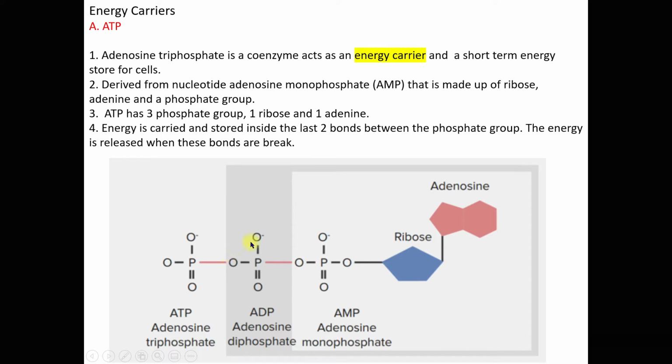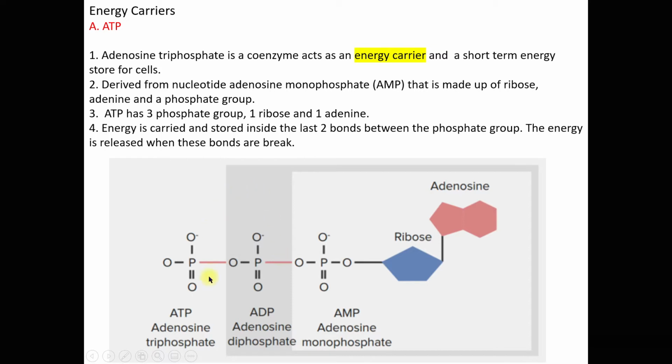If we have an ADP, it is only until here. In an ADP, the energy is carried and stored only in the last bond between the phosphate groups. But in an ATP, the energy is carried and stored in the last two bonds between the phosphate groups. Boleh ya? Di sini di mana energi itu disimpan dan dibawa.